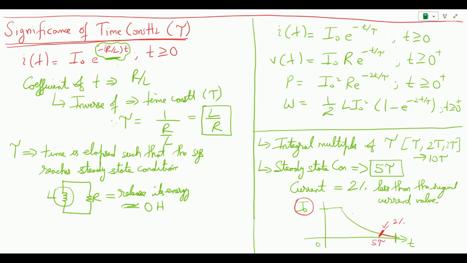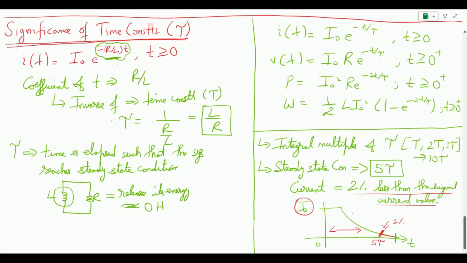So this is what it means: 2% less current than the original value. The original current being I naught at 0, and at almost 5 tau only 2% of the current is available, which means that the energy between 0 and 5 tau has been released.